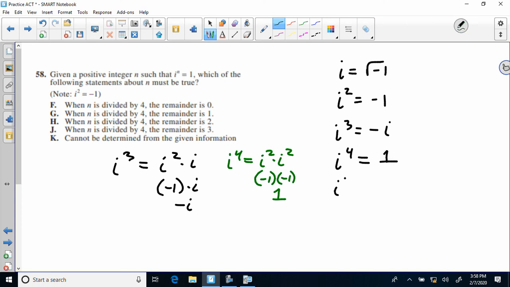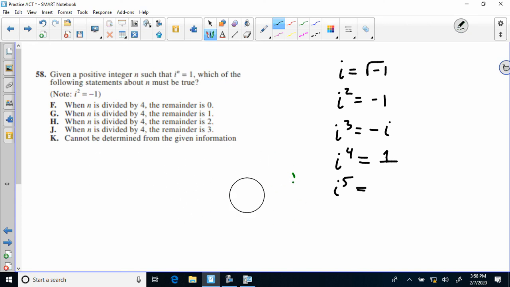And if I do i to the 5th, I'm going to get rid of this for a second and say i to the 5th is equal to i to the 4th times i, because that's i to the 5th. i to the 4th we already know. It was a +1, and 1 times i is i.